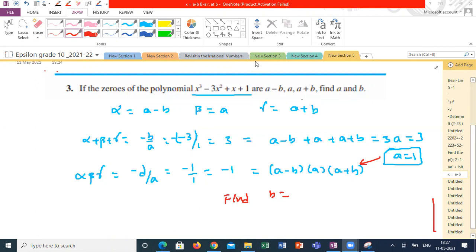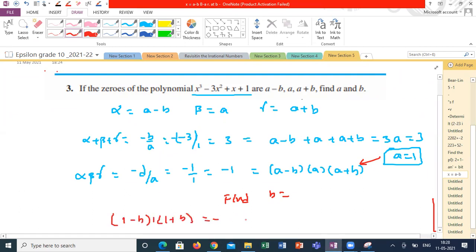What is the answer? One minus b into 1 plus b will be equal to minus 1.